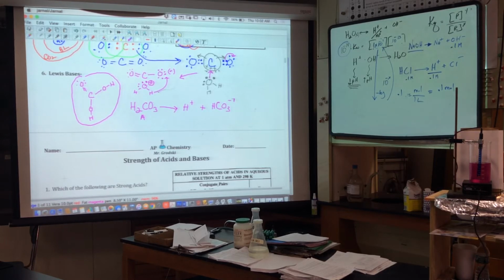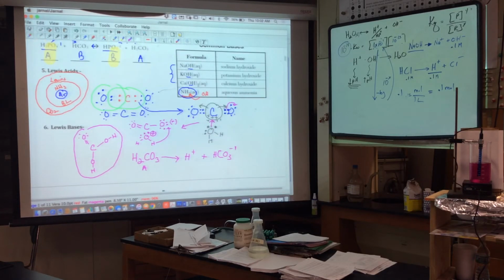So it doesn't fall under, but what did it do? Okay, the carbon in the CO2 was a lone pair acceptor. It was a pair of electron acceptors. So to be a Lewis acid, we say it's an electron pair acceptor.